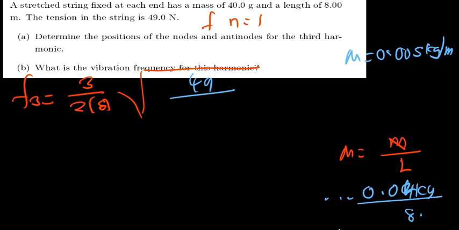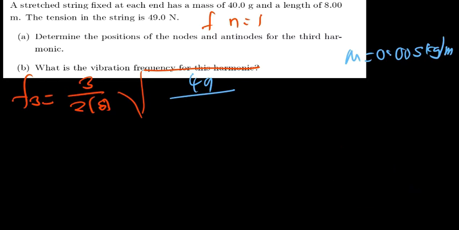Now since I have everything, it's just a matter of plugging in the values. 0.005 like that. So we had the mass for the linear density. We are saying 40 divided by 1000, 0.04, divide this by 8.